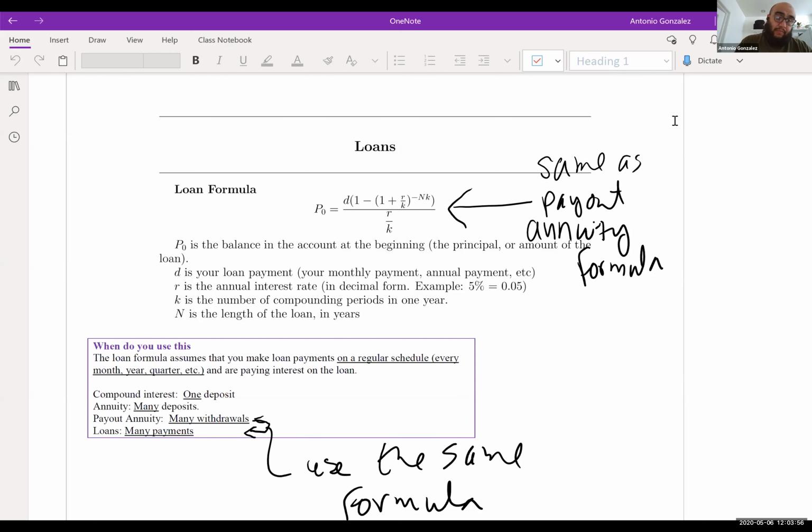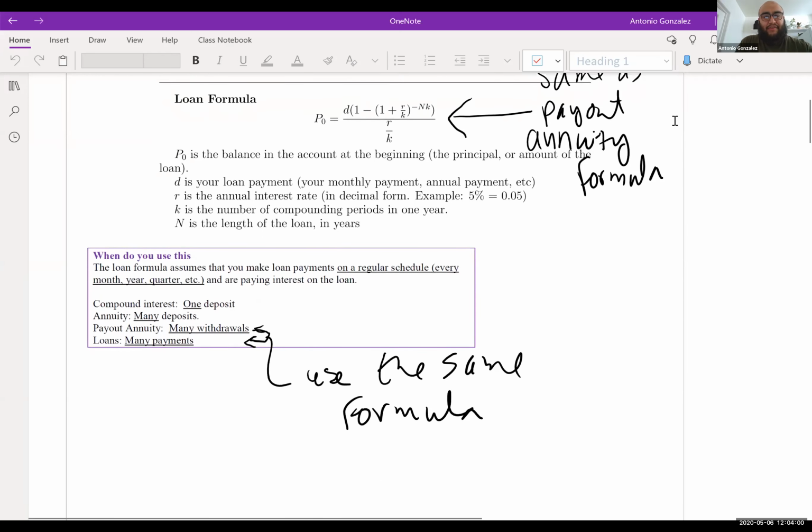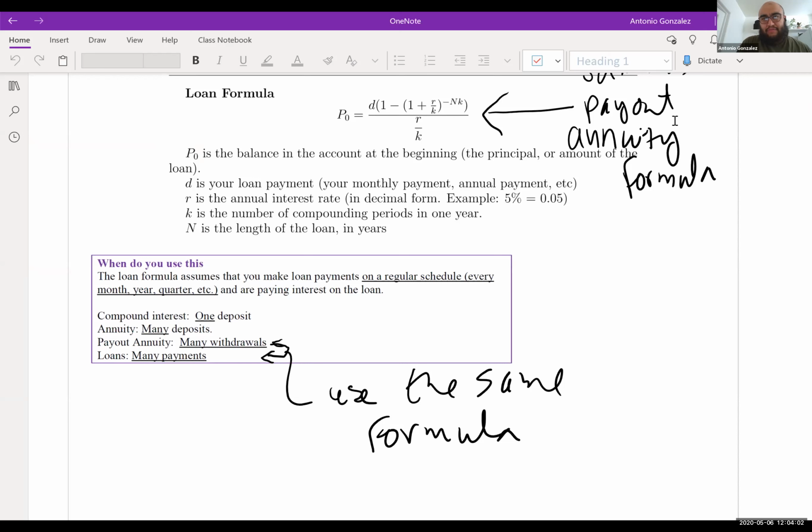Okay, and again, I bring up our notes here. We have essentially 4 different formulas. For the most part, it probably won't be simple interest. We'll most likely be dealing strictly with some kind of compound interest. One thing to keep in mind is that the annuity, the payout annuity, and the loans all involve compound interest.